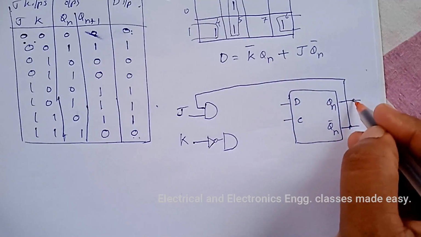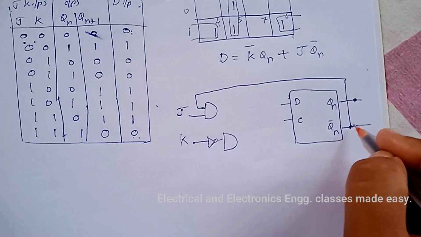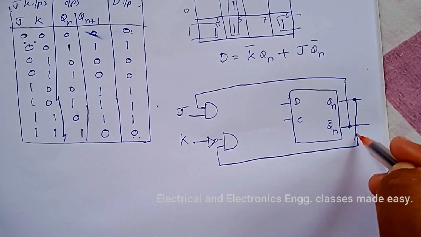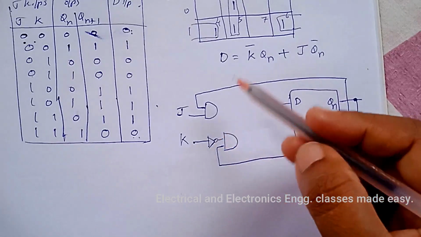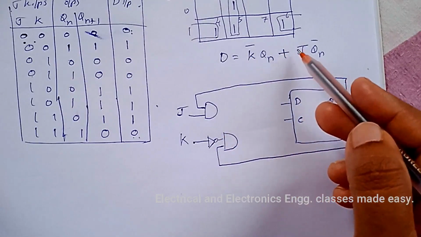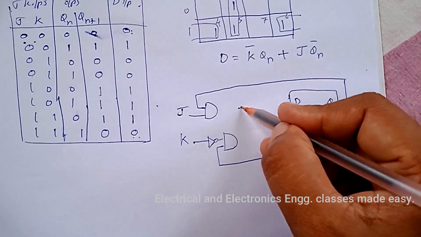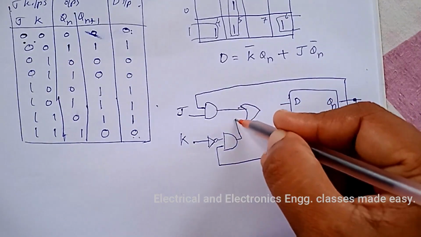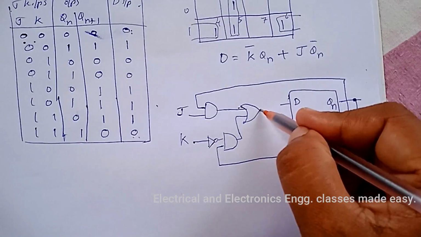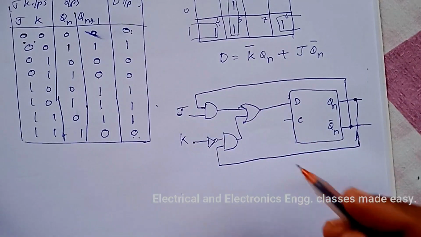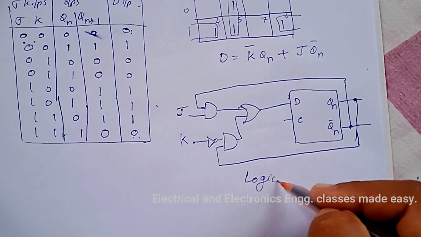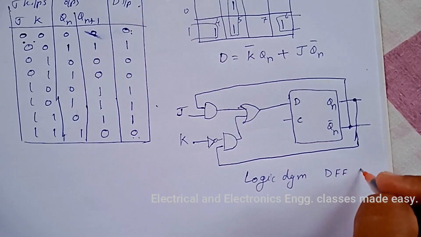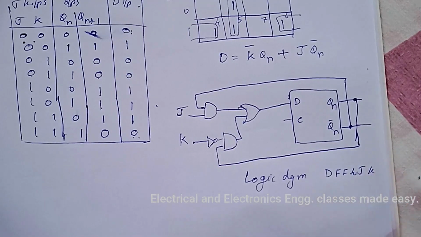Qn is this one. So K bar into Qn, then plus. So one OR gate is there and is given to D. So this is the logic diagram for D flip-flop to JK flip-flop conversion.